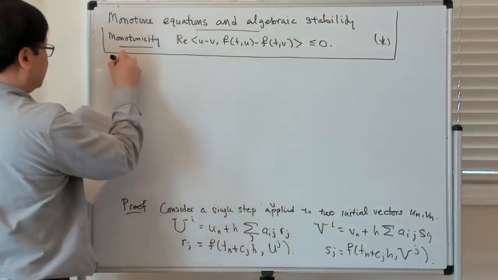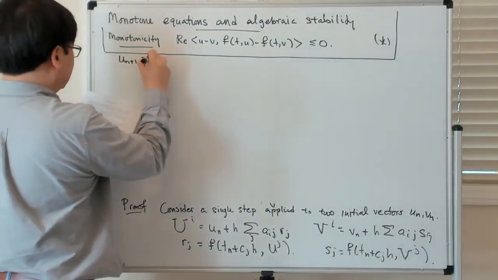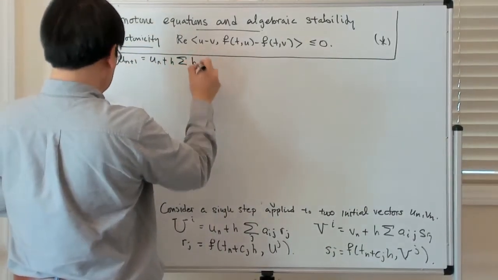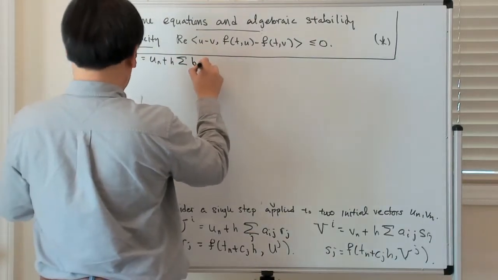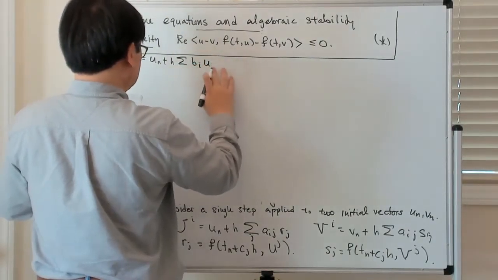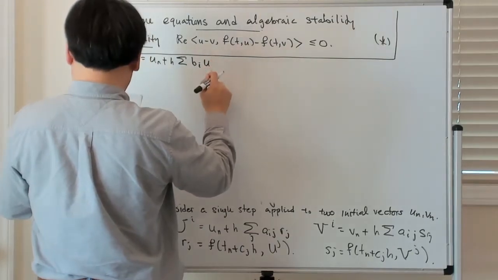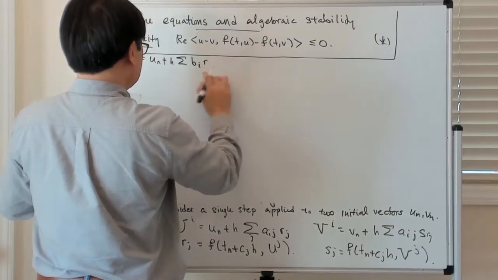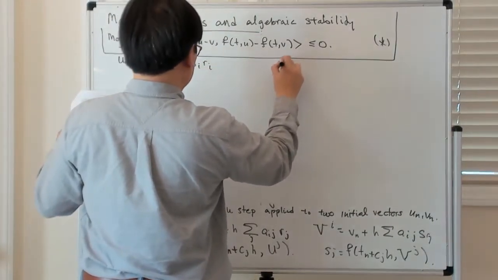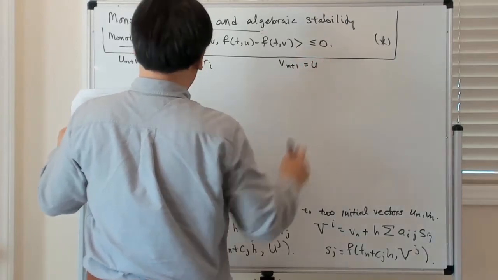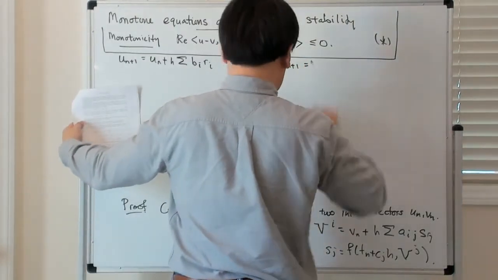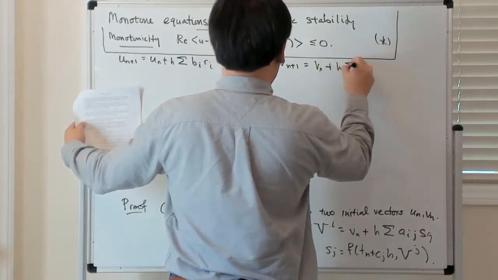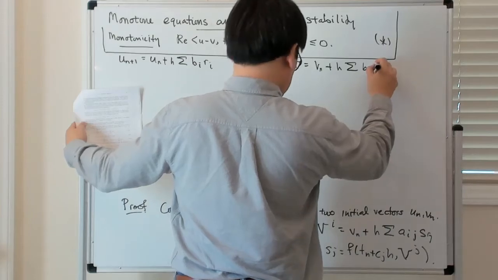And then, of course, Un plus 1 is just Un plus H, the sum of Bi Ri, and Vn plus 1 is Vn plus H, the sum of Bi Si.